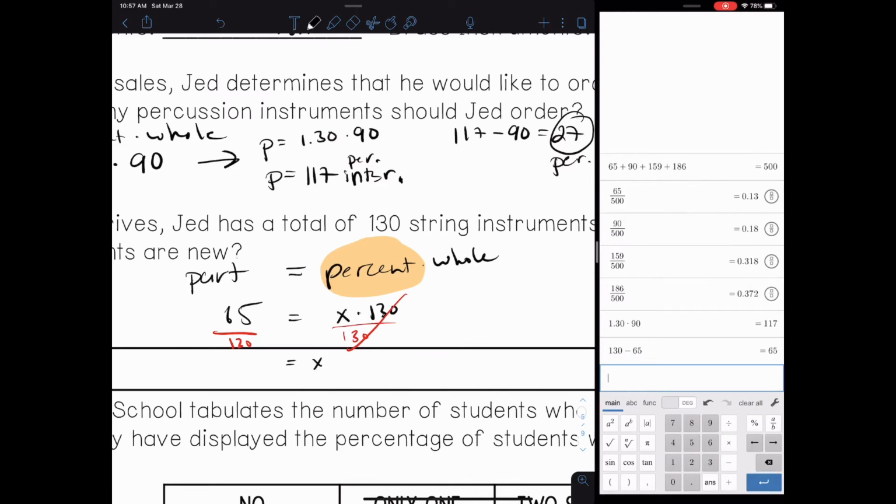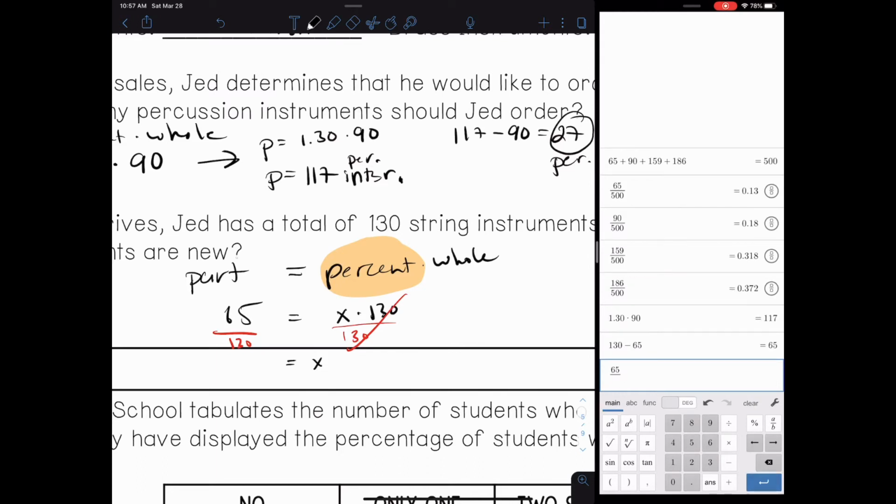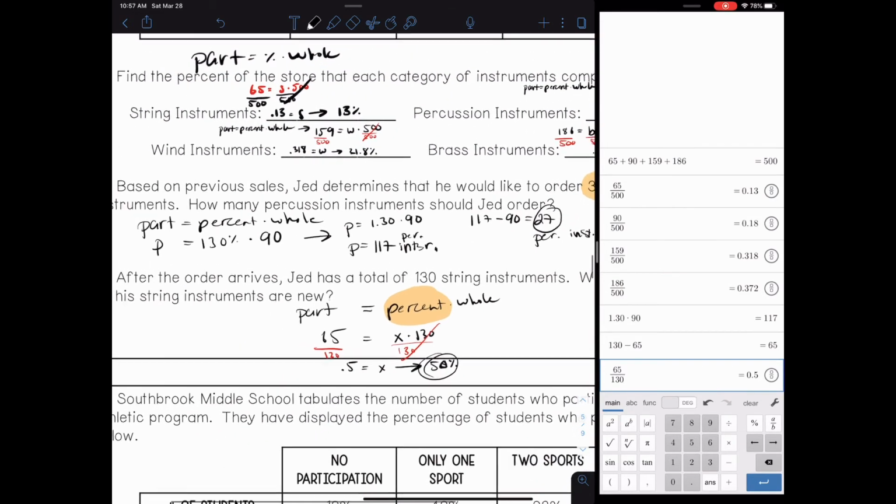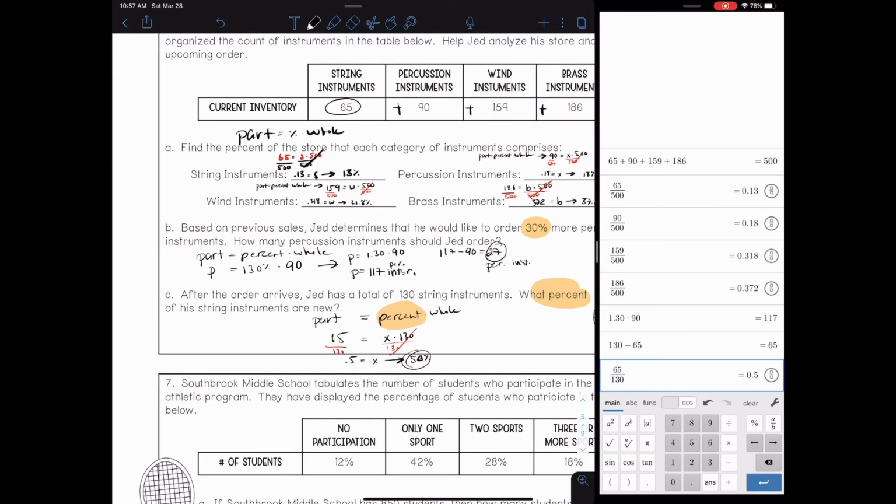Looks like it's going to be 50%, I believe. Yep, 0.5. And you have to express that as a percentage. Well, remember, there's a 0 after that 5. So that is 50%. Make sure you move the decimal to the right twice, guys, because this is 50%. So 50% of the strings are new.